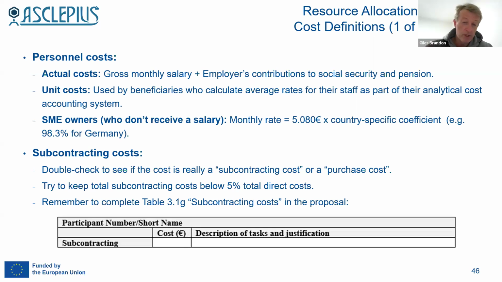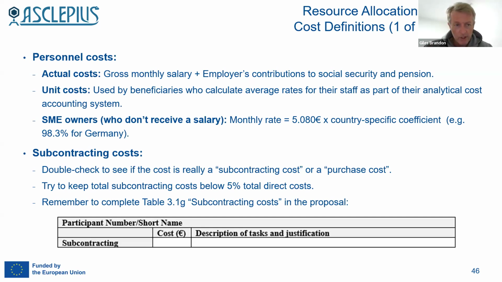You need to think about also the employer's contributions to social security and pension. So it's the actual monthly cost to the employer, their overall monthly cost. Most of the time, in my experience, that's the sort of calculation you have to consider for personnel costs for partners.